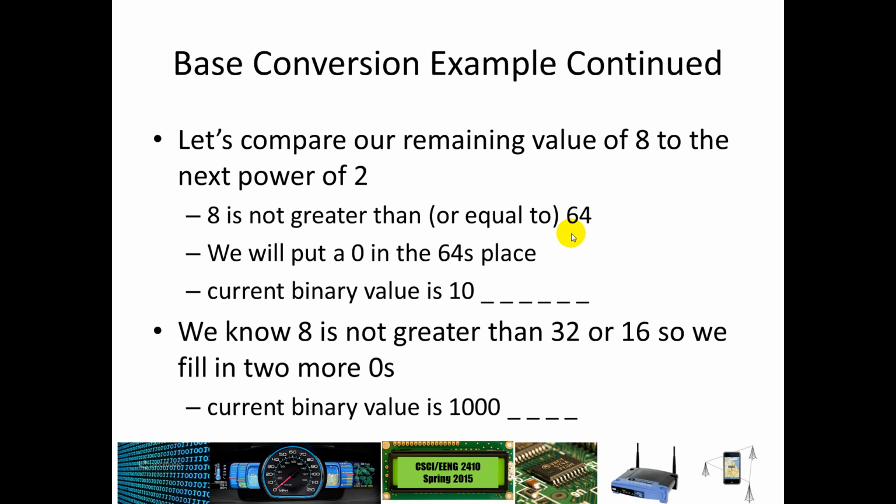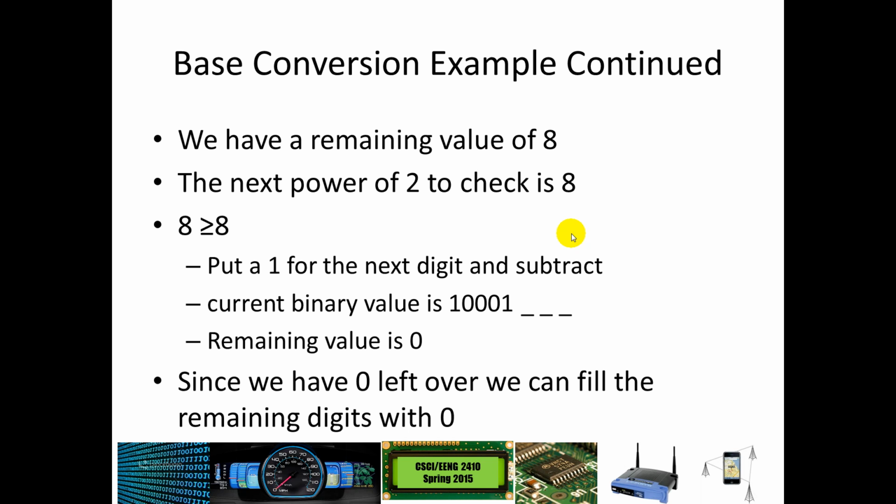Now our next place is worth 8, so we have a remaining value of 8. Our next power of 2 happens to be 8. So when we do that comparison, we realize, hey, that works out. So we're going to put in a 1 in our 8's place. Once we subtract the 8 from the 8, we realize we've represented the entire value. We have 0 left to represent.